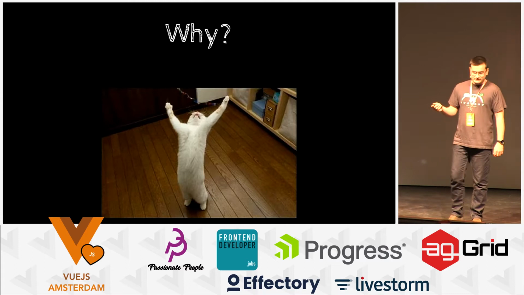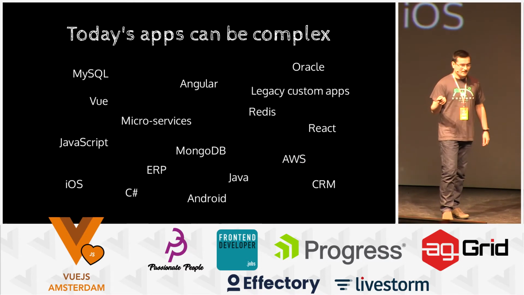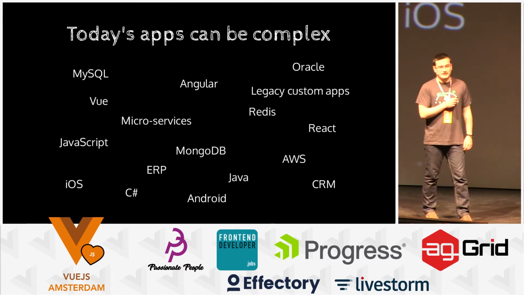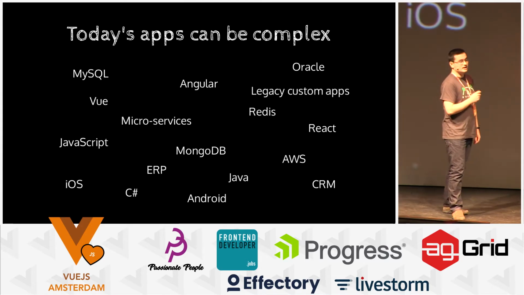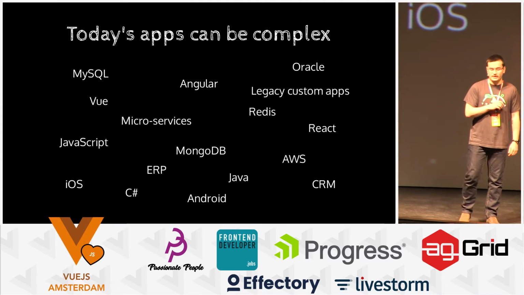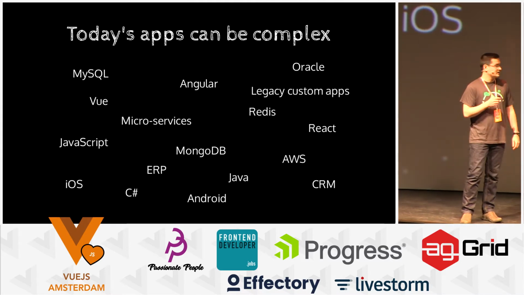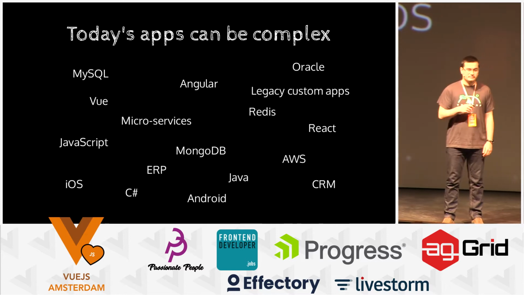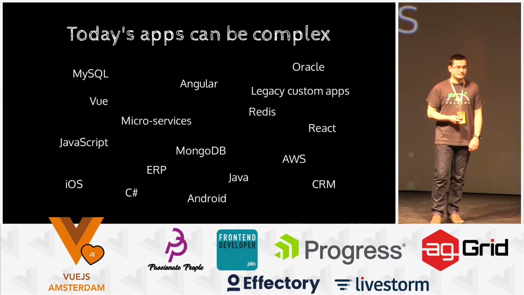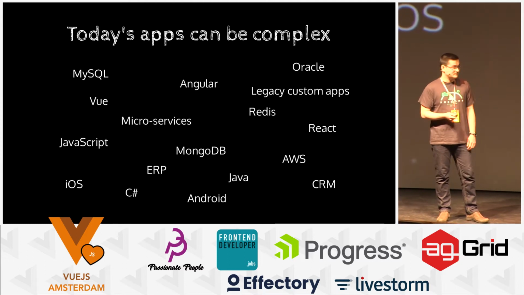So why do we need that? In most apps today, in big companies or smaller ones, we have a lot of components, like several different databases, several different languages, and such. So it's becoming increasingly difficult to build great apps.